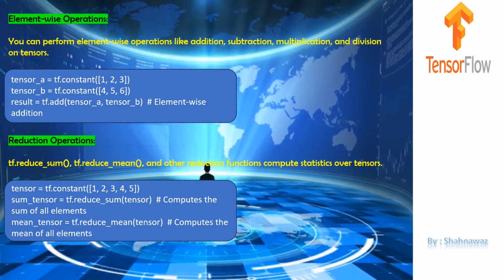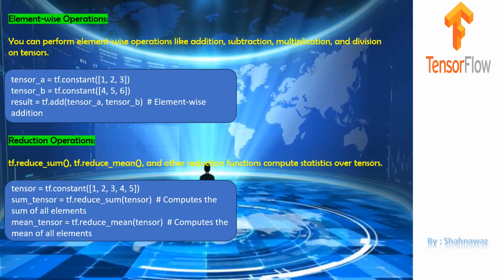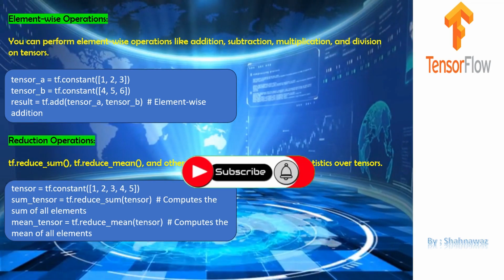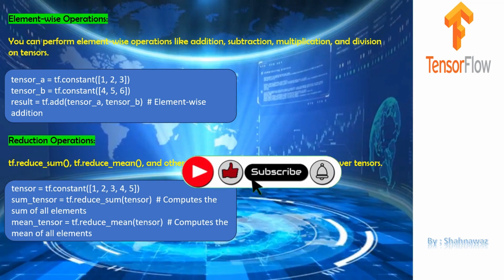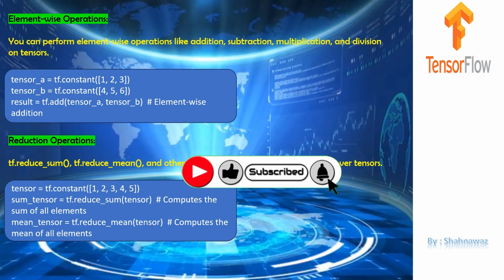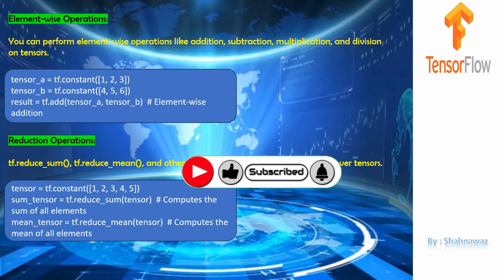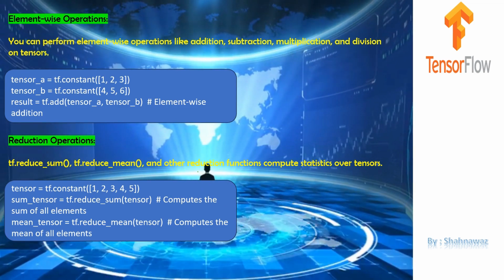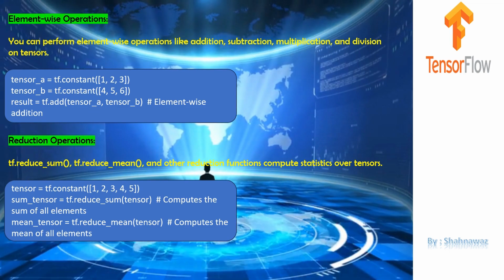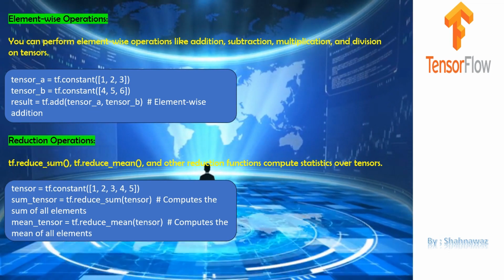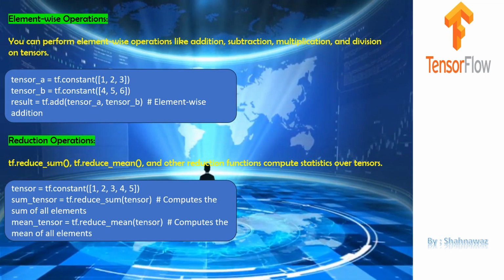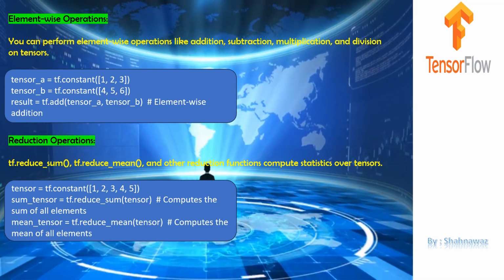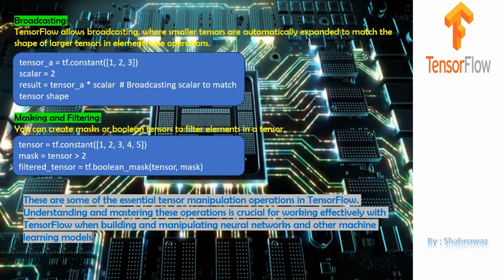Command is tf.reduce_sum, tf.reduce_mean, and other reduction functions compute statistics over tensors. tensor equals tf.constant, 1, 2, 3, 4, 5, sum_tensor equals tf.reduce_sum, tensor, #computes the sum of all elements. mean_tensor equals tf.reduce_mean, tensor, #computes the mean of all elements.